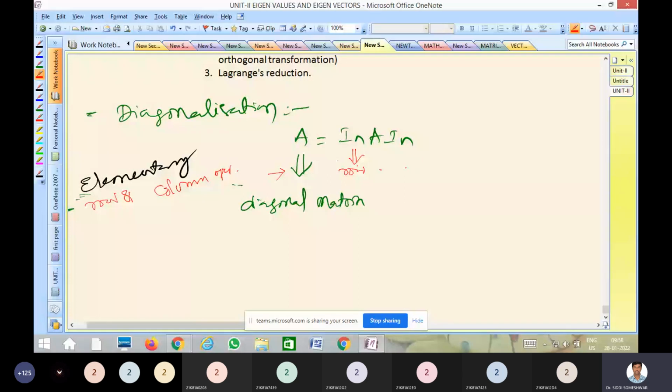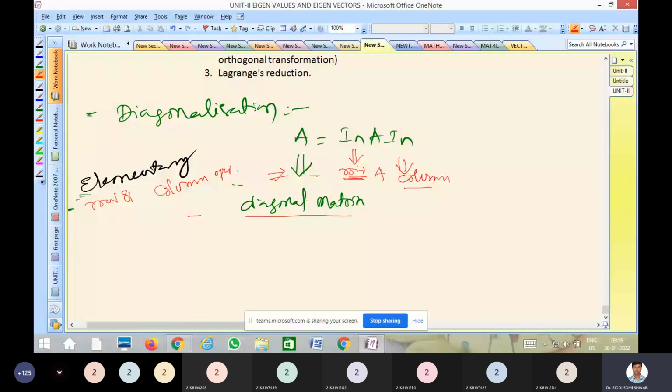If you are applying a column operation, there is no change in the prefactor, only on the post factor of A. You have to continue this until you get capital A into a diagonal matrix.